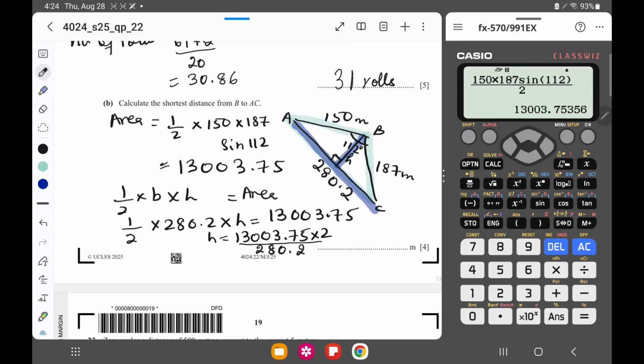Now calculate this: 13,003.75 times 2 divided by 280.2. That becomes 92.817.